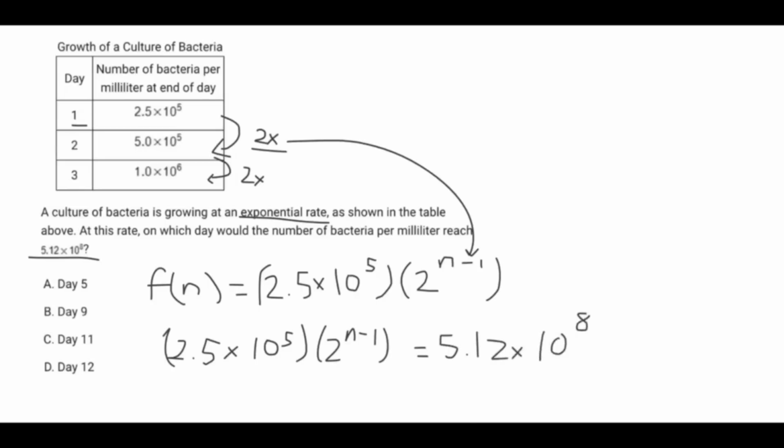And in this equation, we're just going to solve for n. And I'll do the heavy lifting here with the trusty calculator. And that is going to give us a value of 12. So we know that the final answer is day 12, choice D.